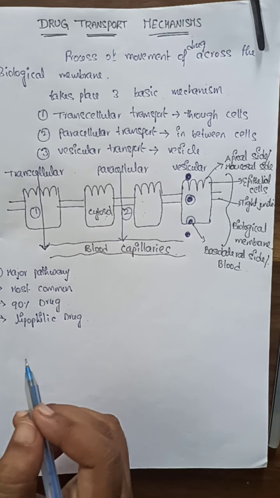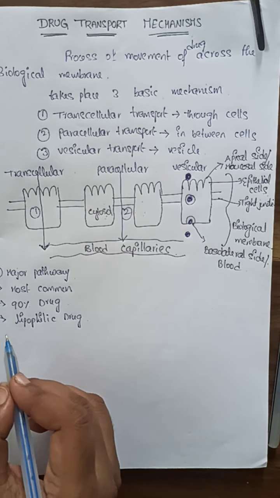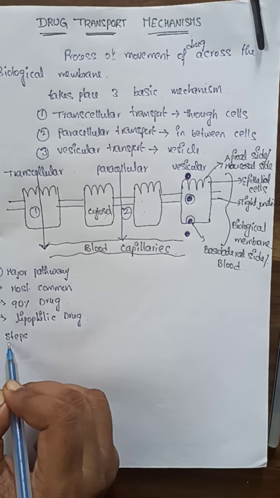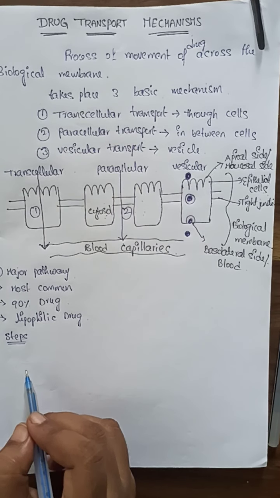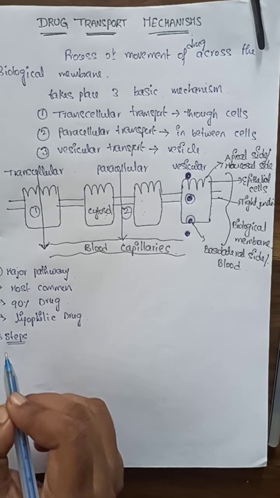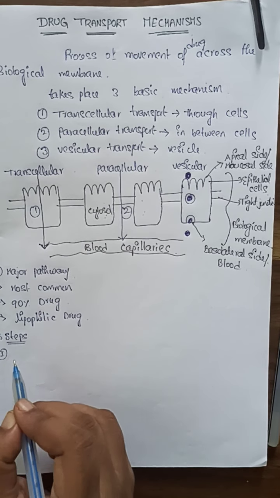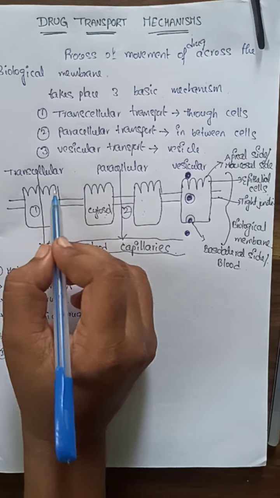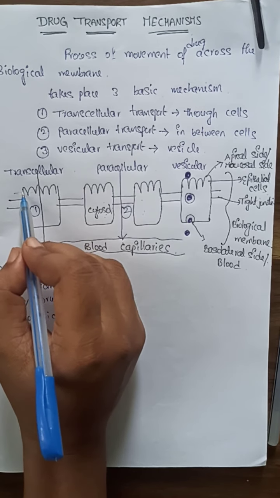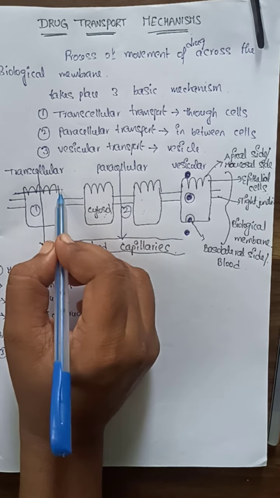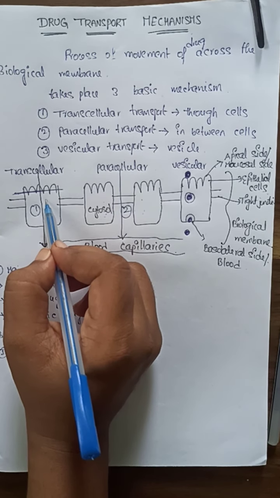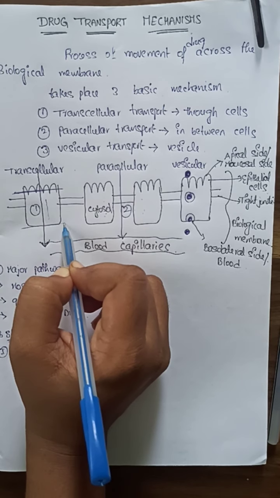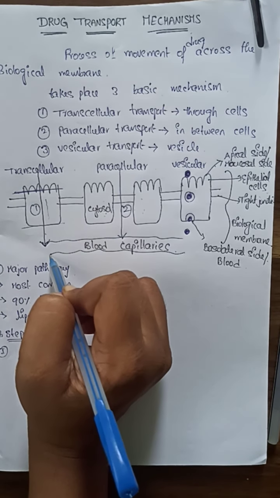The transcellular transport involves three basic steps. One is permeation through the membrane present at the apical site, then the passage across the cytosol, and again permeation through the basolateral site, and now it enters into the blood.